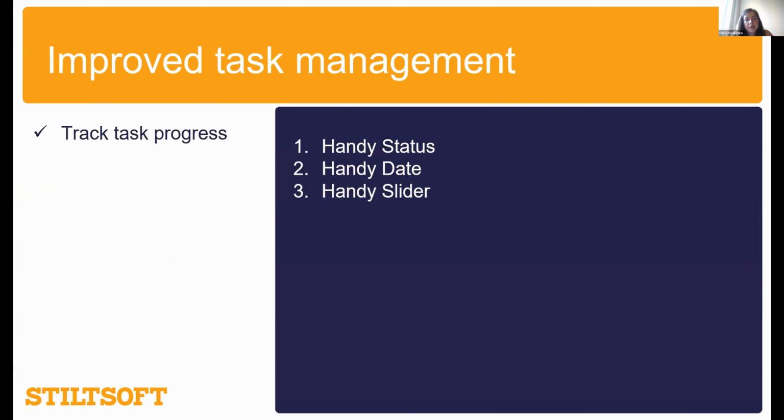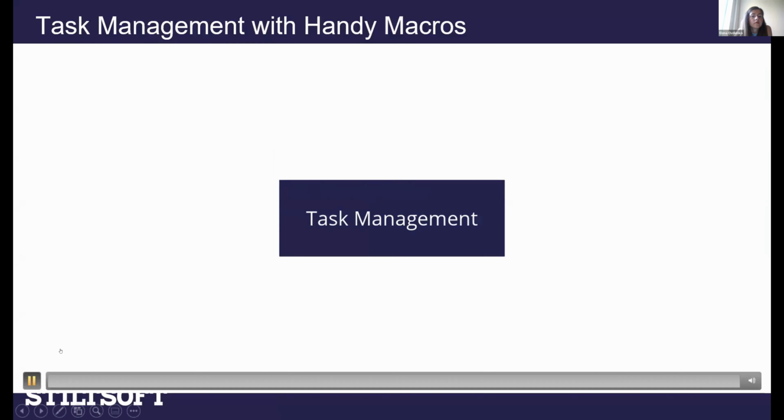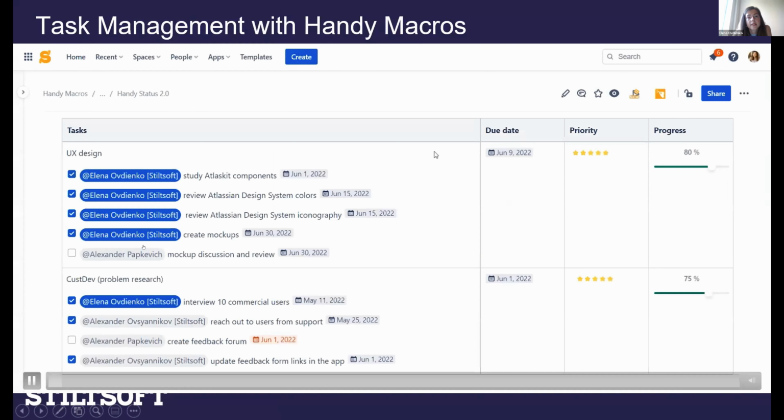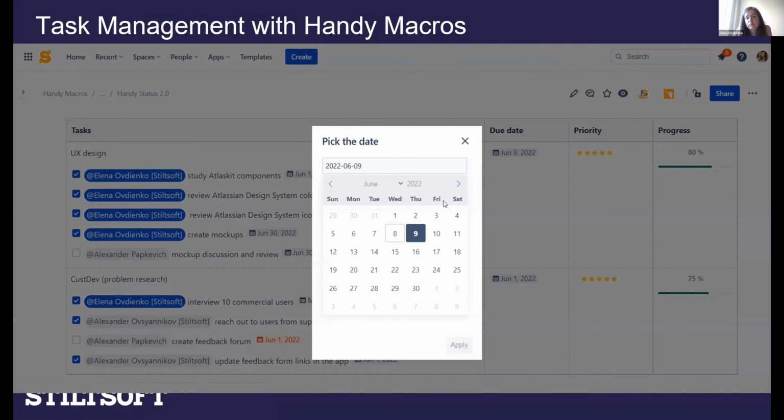We'll also have a look at some tips on improved task management. I'm gonna show you quickly how to combine status, date, and a slider to organize your tasks in Confluence. Let us say you have some tasks under your requirement on a Confluence page.